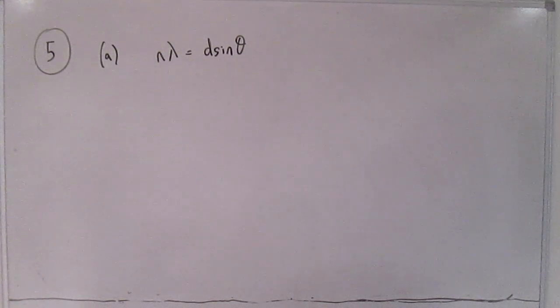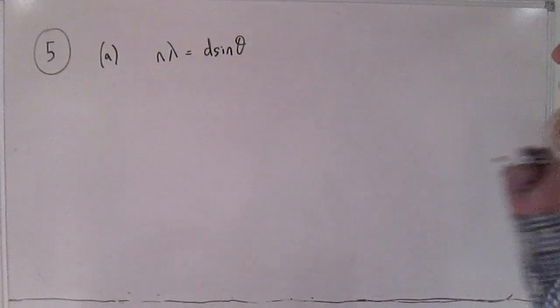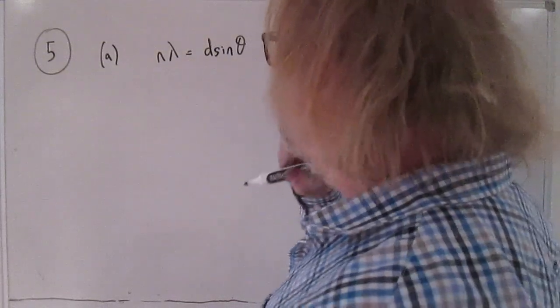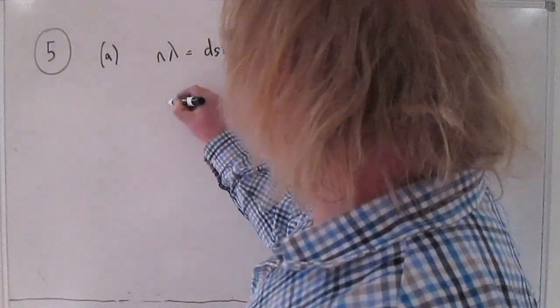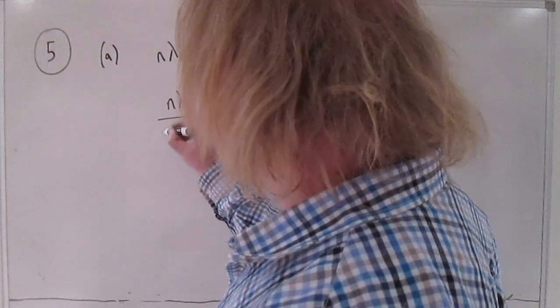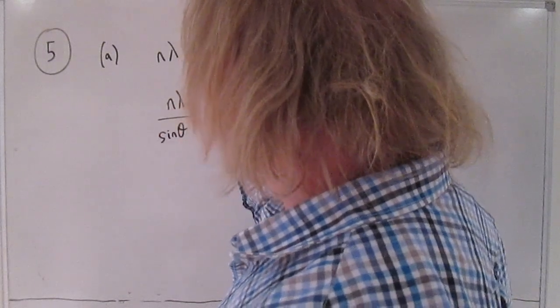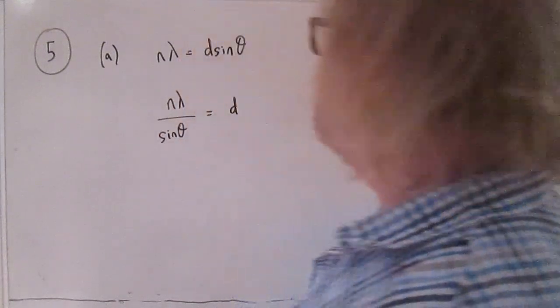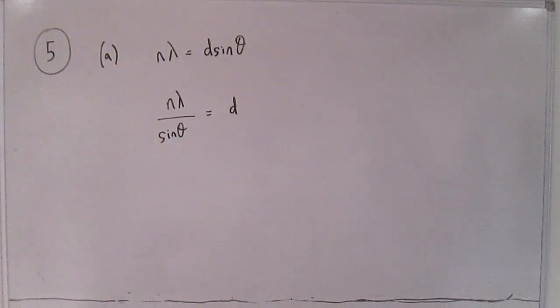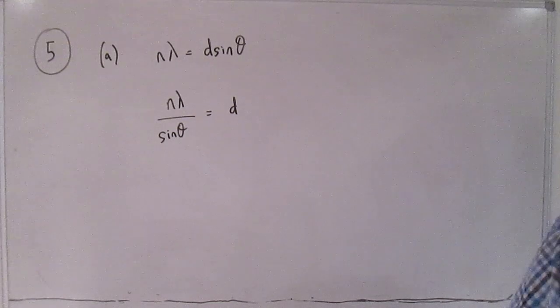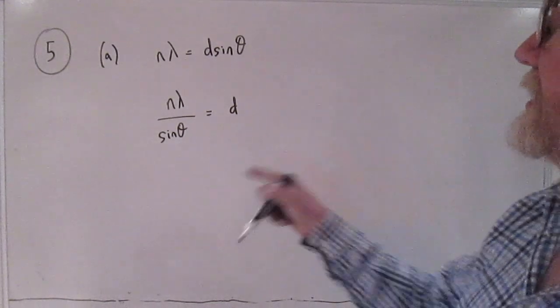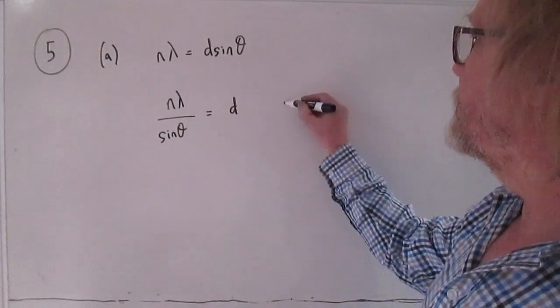So let's therefore rearrange this expression first of all to find out d. So we get n lambda divided by sine theta is equal to d. So then we can put these numbers in here. N, well, it tells us that we're talking about the first order maximum. So n is 1.